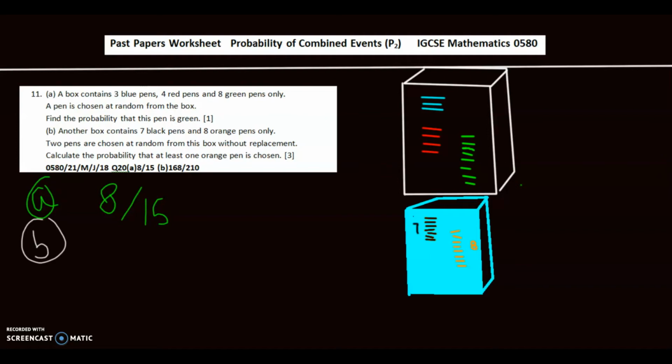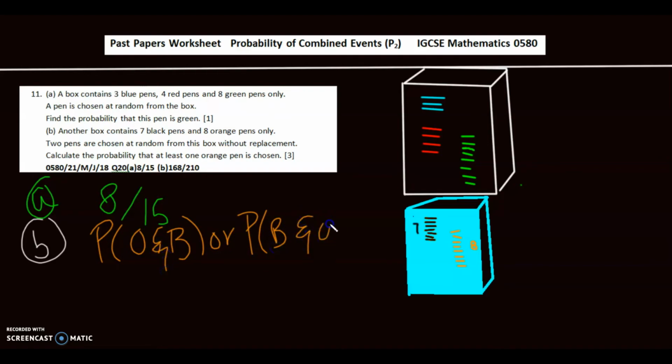So that means the only case that is not allowed is that both the pens are black. One has to be orange. So we're finding probability of orange pen and then a black pen, or probability of black pen and then an orange pen, or probability that both pens would be orange.